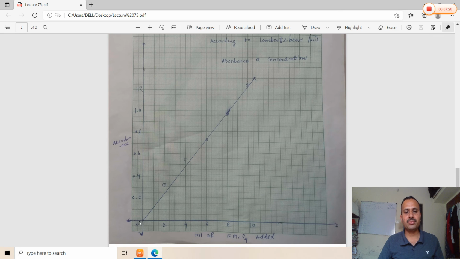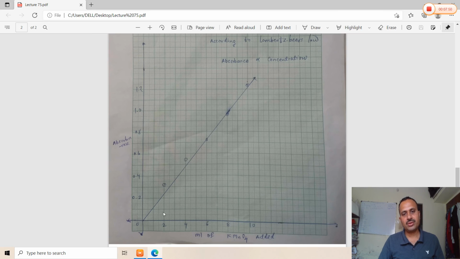This is the first value, and this is the second one, third one, fourth one, fifth one, and sixth one. Accordingly, this is for the 2 ml, this is the 4 ml, this is the 6 ml, this is the 8 ml, and this is the 10 ml of KMnO4 or K2Cr2O7, having concentration 0.001 molar.